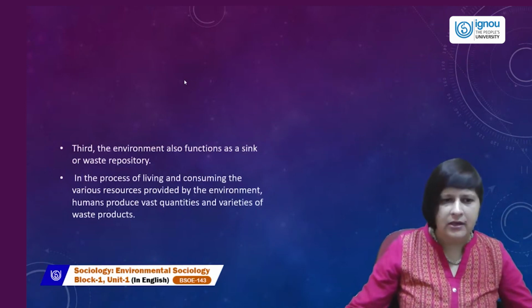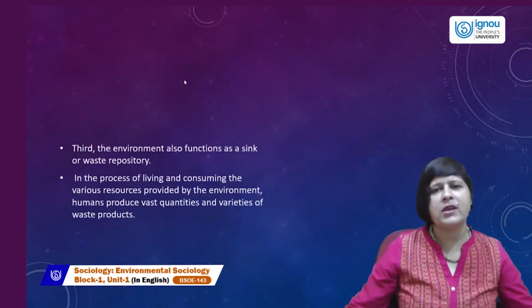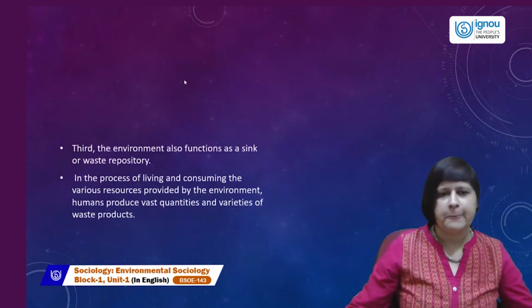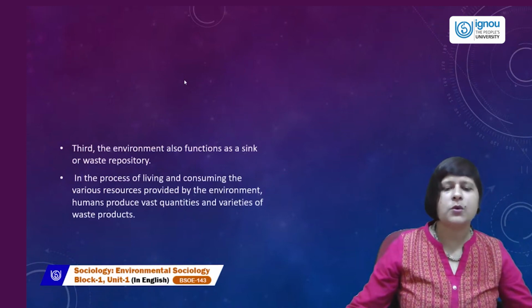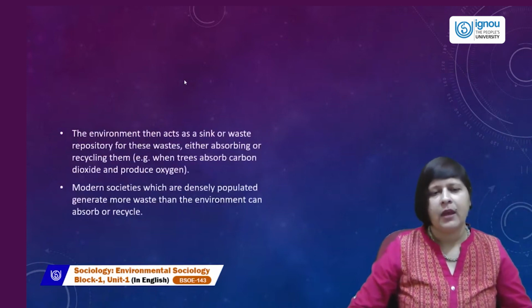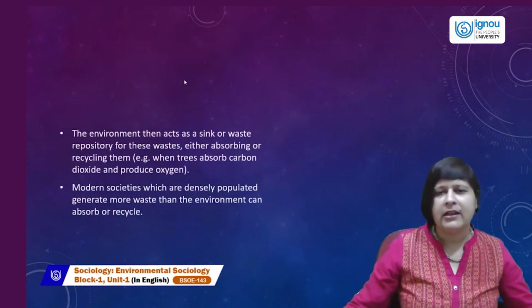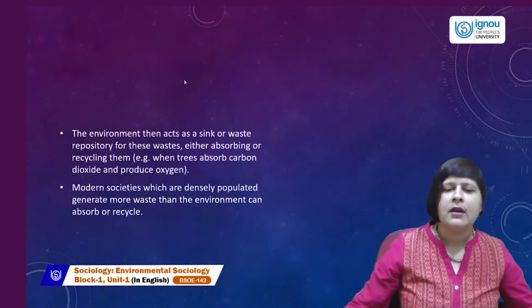The third factor is that the environment also functions as a sink or waste repository. In the process of living and consuming the various resources provided by the environment, humans produce a vast quantity and variety of waste products, and the environment then acts as a sink or waste repository for these wastes, either absorbing or recycling them.